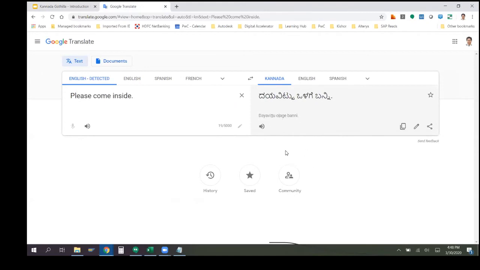So here's another thing. If people haven't used Google Translate, I think you really should, because it makes it so much easier. You get pronunciations and you get the Kannada written using English. As you learn, if you have doubts, just go here. Most of the time it's fine. Sometimes the sentence construction might be wrong, but you should really use this.